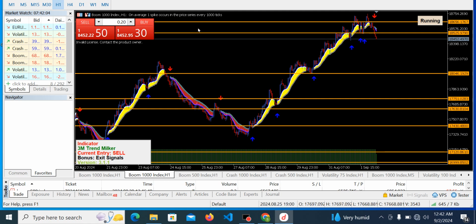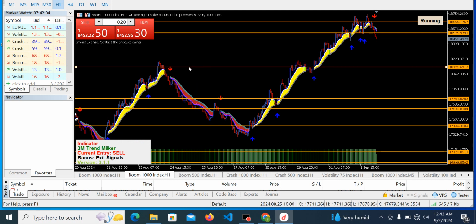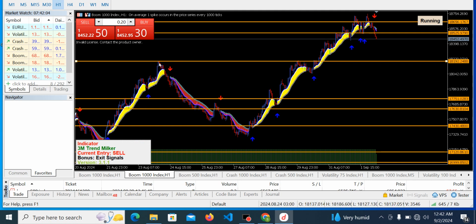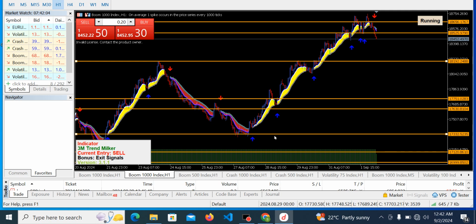This is Boom 1000. Right now I'm on the 1 hour time frame, and of course I'm using the Trend Milker trading indicator to do my analysis. Right from this support zone, it picked up an uptrend. You can see the yellow flag. It got to this resistance zone and was unable to go further, and it had a major pullback to this region, which is a support zone.